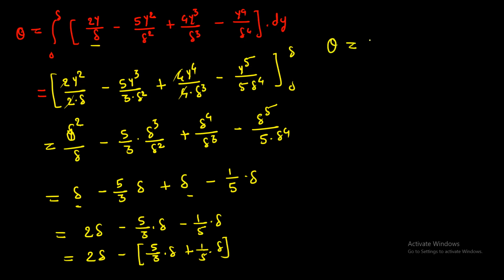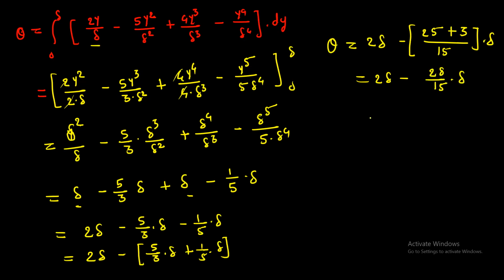So theta is equal to 2 delta minus, in the bracket, 25 plus 3 divided by 15 delta. This is just a cross multiplication. So 2 delta minus 28 divided by 15 into delta.